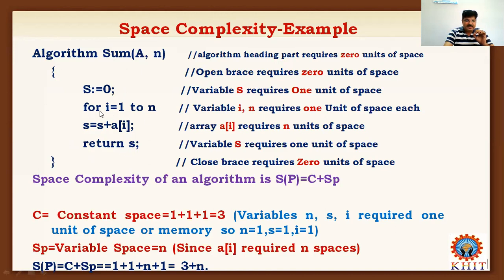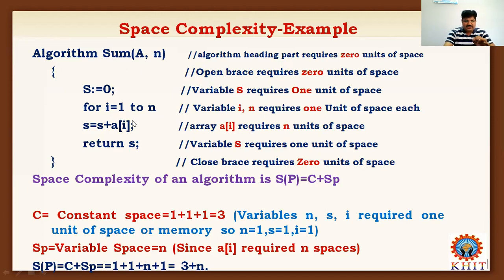And here, for the statement S equal to S plus A of I, A is an array and the I value is gradually increasing from 1 to n. That means the value of I is initially 1 and it gradually moves up to n.